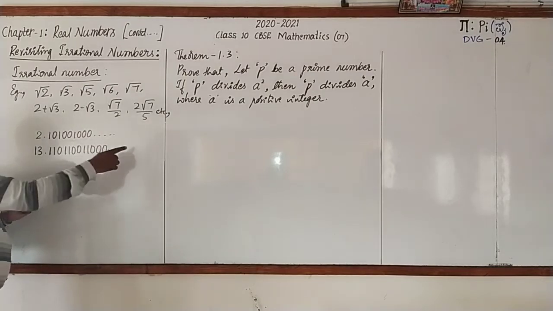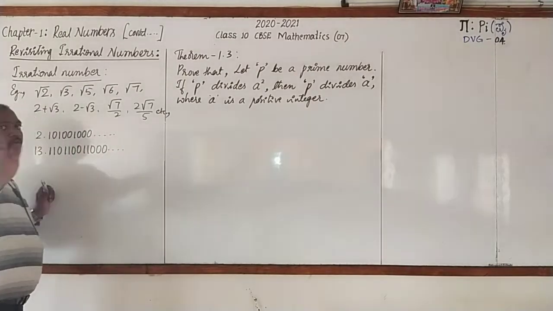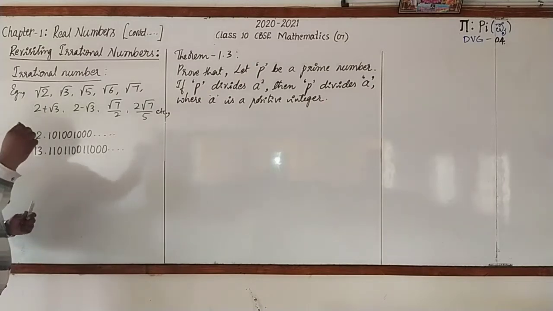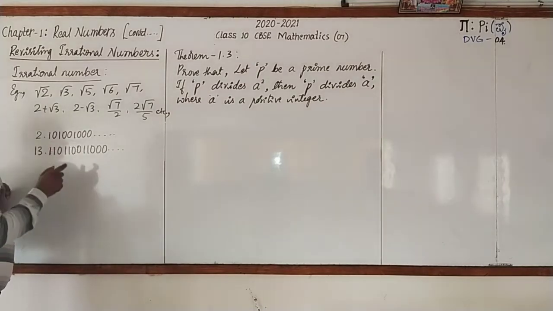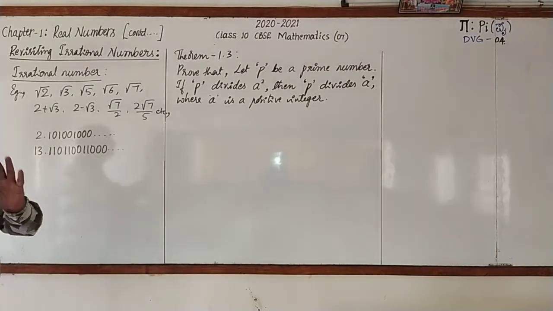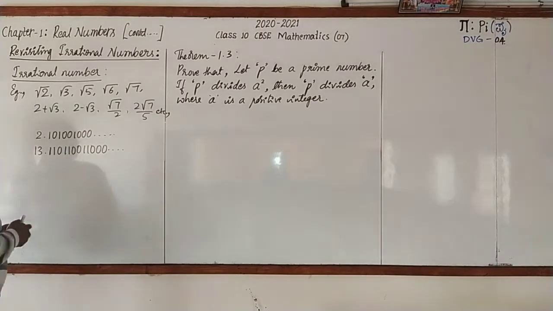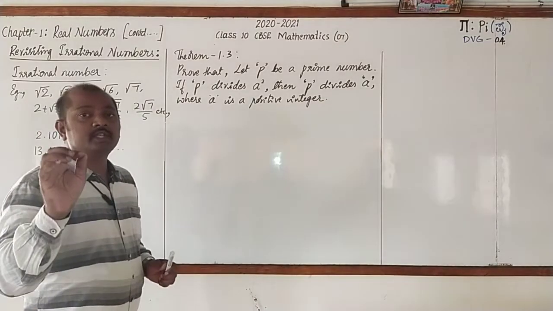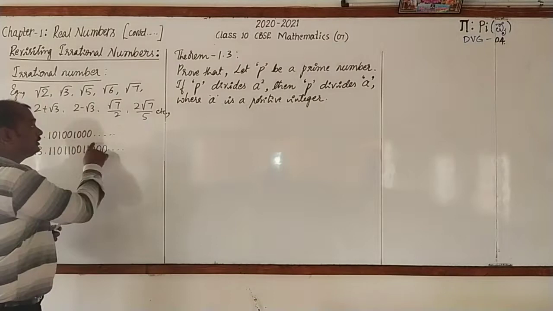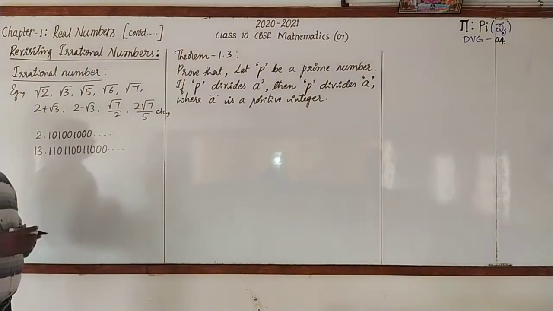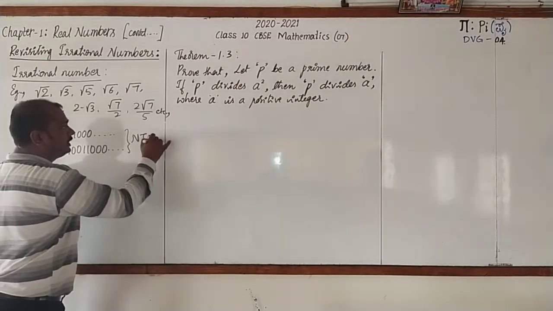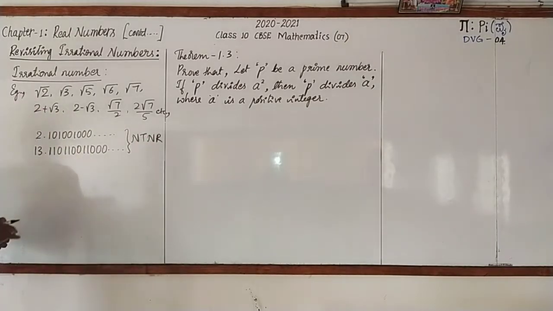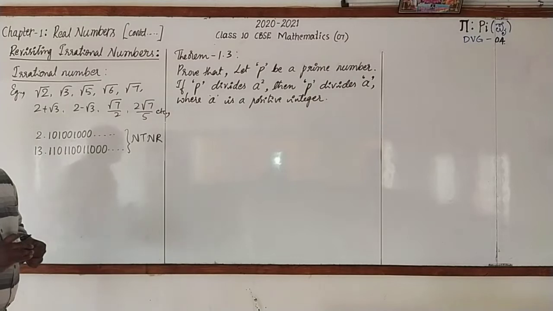See that, is there any end for this? No end. It is non-terminating. Is any repeating block there? No. So it is non-terminating, non-recurring. A number whose decimal expansion is non-terminating, non-recurring is called an irrational number.